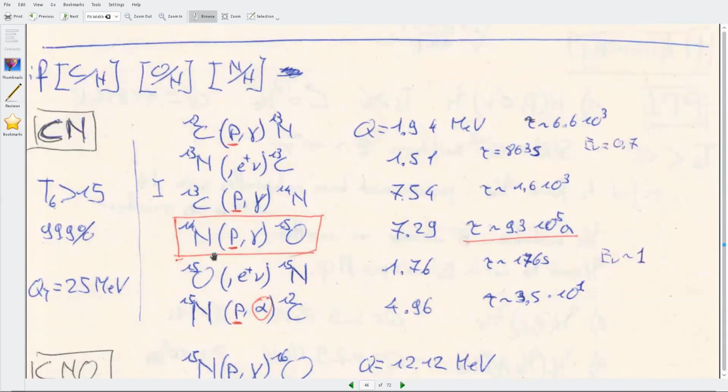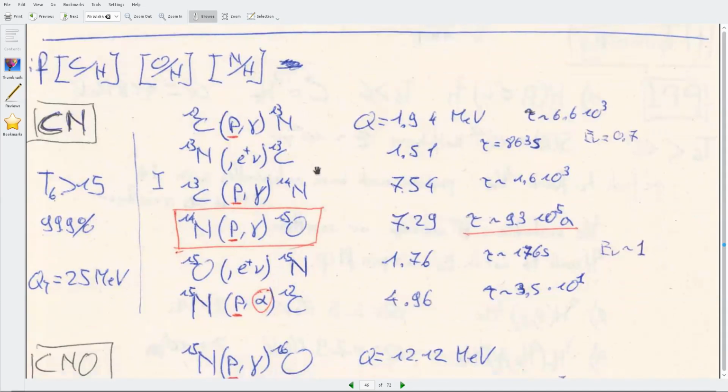We use the CN cycle, CNO cycle, to produce energy.